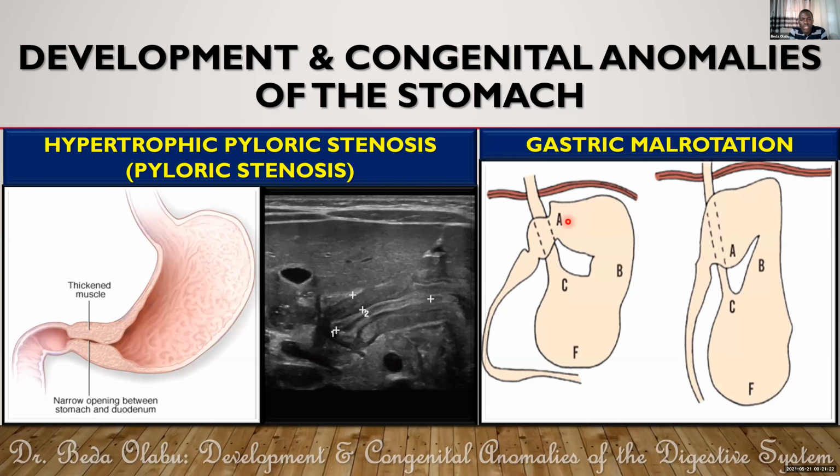It rotated abnormally, perhaps an excess of the axis rotation, and so that gives you inversion of the fundus and pylorus. Gastric malrotation. There are two different types of gastric malrotation, but I think I want to keep it there. This is an abnormally rotated stomach, gastric malrotation.